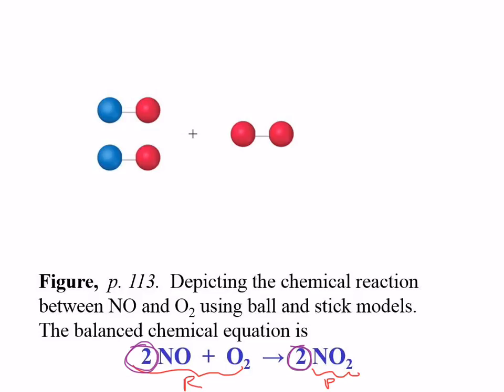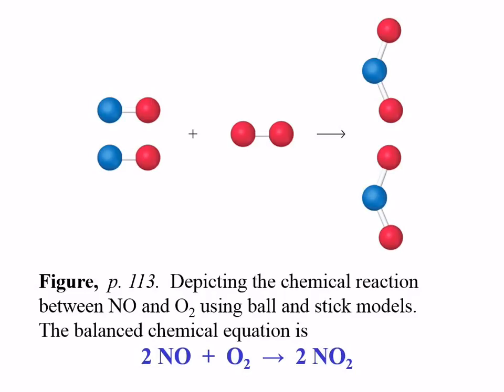I think this is so cool, it's just me. But these little bonds right here, where I've drawn the dash, those are chemical bonds. I think of them as basically being broken, and what is formed now is NO2. So those bonds are broken and new bonds are formed.